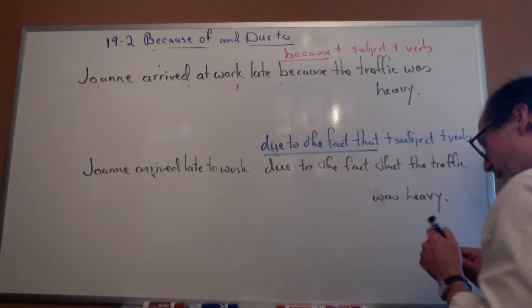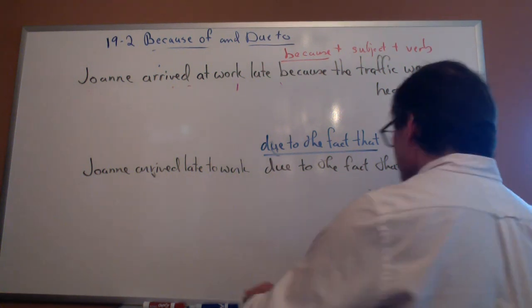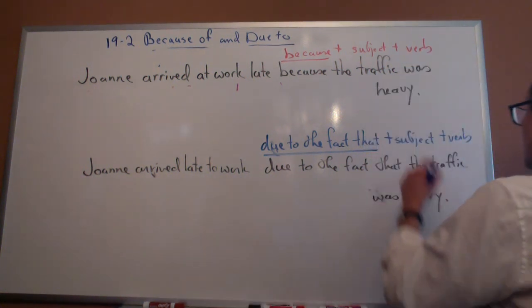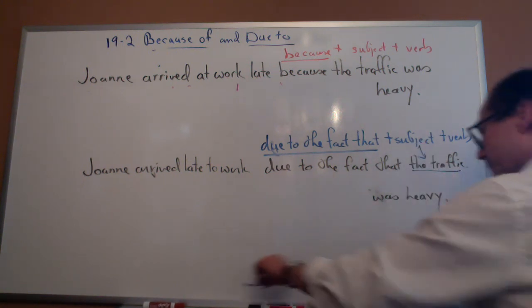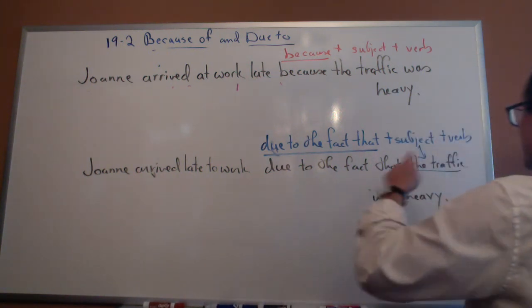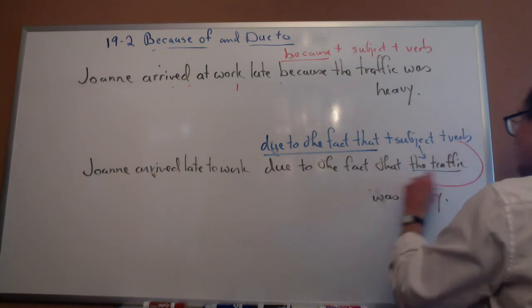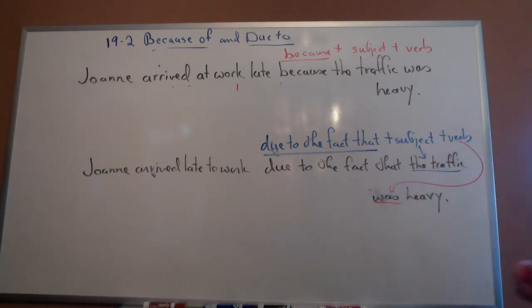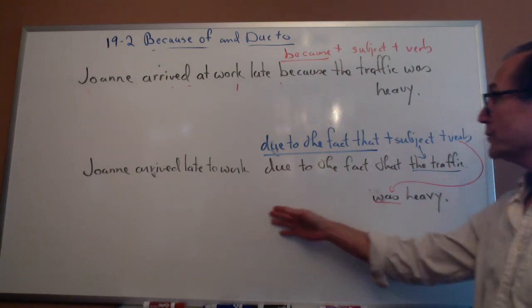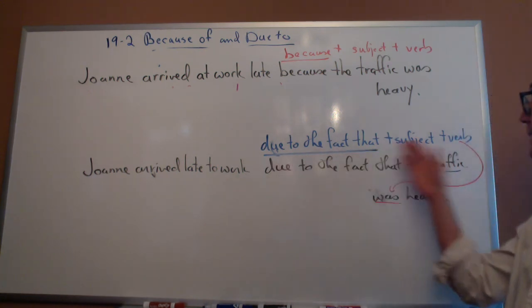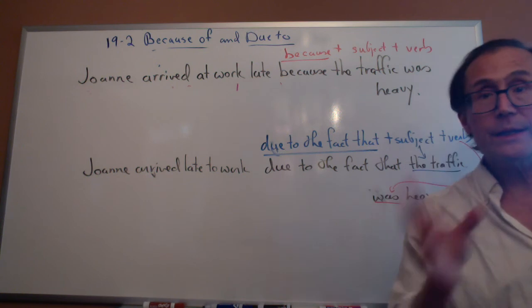Okay? So, here I have because the traffic, and then verb, was heavy. So, your book says you can use the words due to the fact that plus subject and verb, and it means the same.